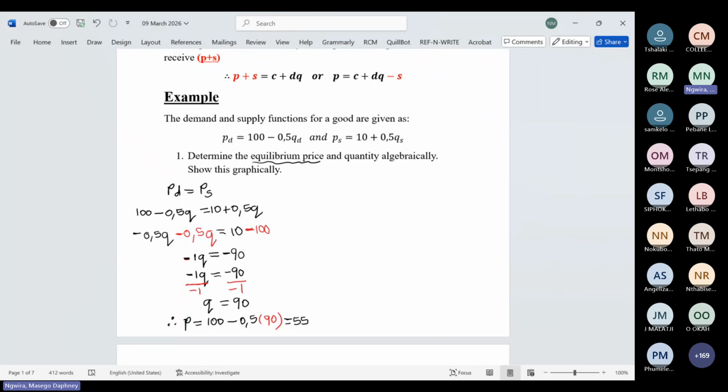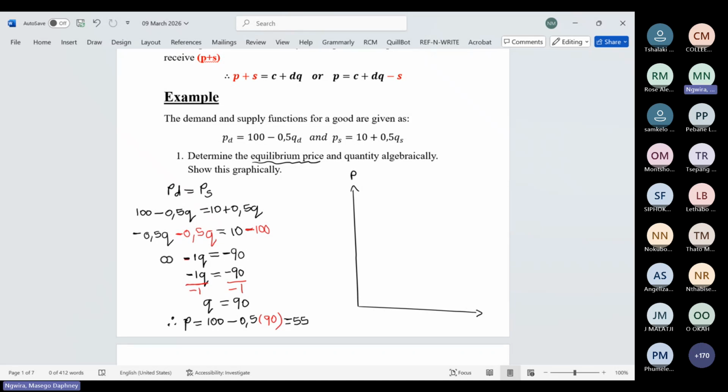So when we do it graphically, and I repeat, you won't be asked to draw the graph, we're going to draw both graphs. So because when you check our functions, P is equal to, meaning that P is dependent, so P is on this line.